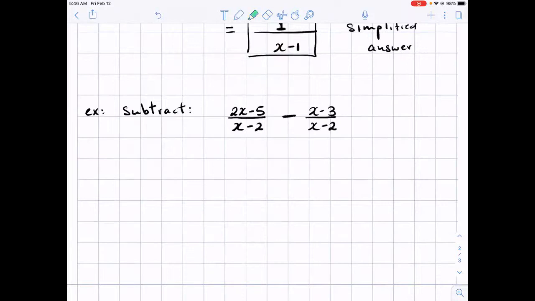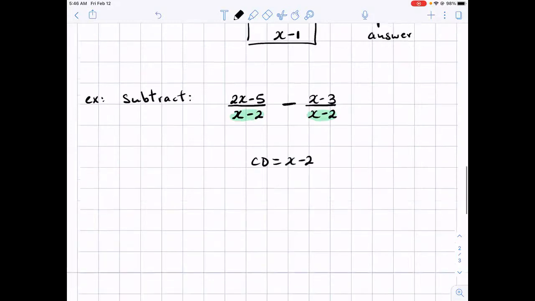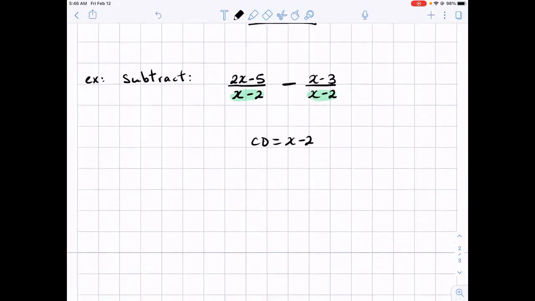So once again here, we have the same common denominator. The common denominator is x minus 2. It's the same. So all we do is keep the common denominator, and then we just subtract 2x minus 5 minus x minus 3.